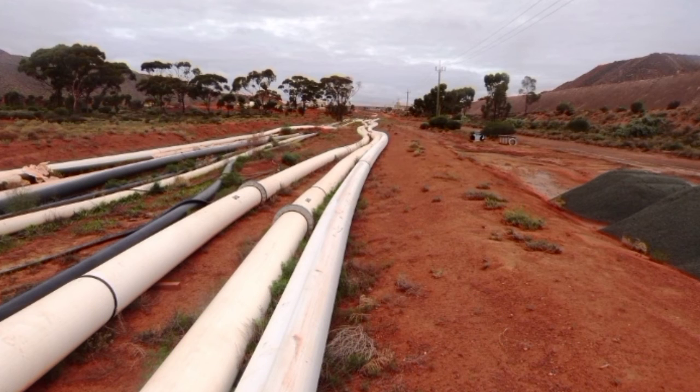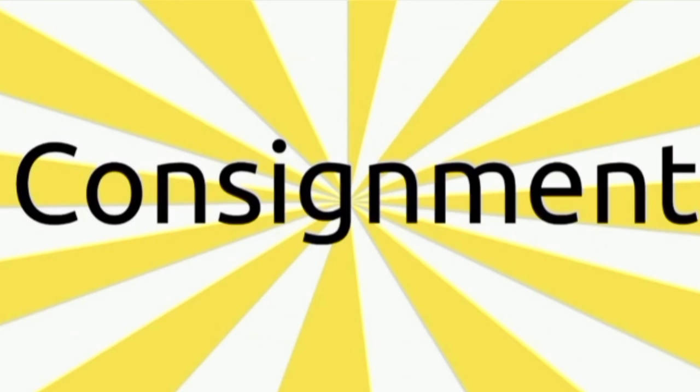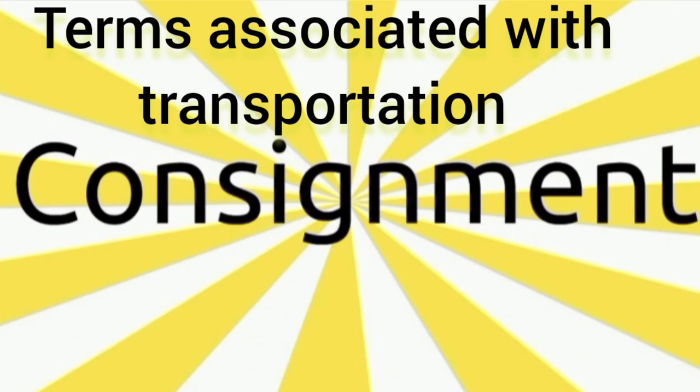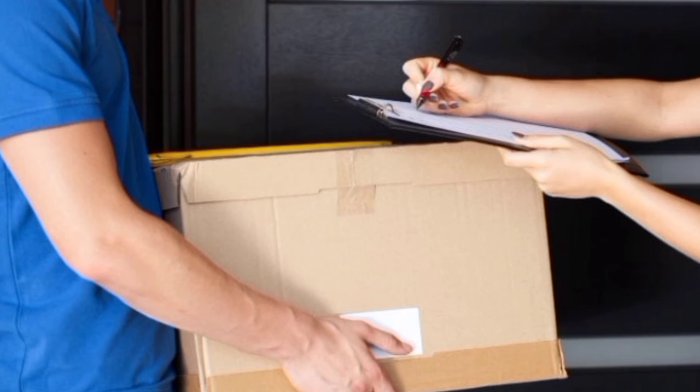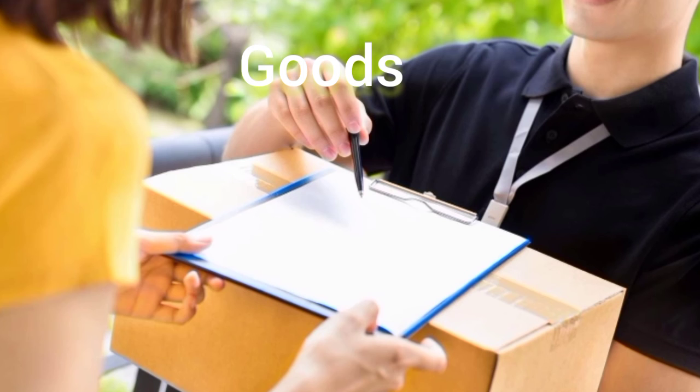Now we are going to look at terms associated with transportation. One, consignment. Consignment refers to goods to be transported. Remember, when you are traveling, you go along with goods. These goods are referred to as consignment. Okay?